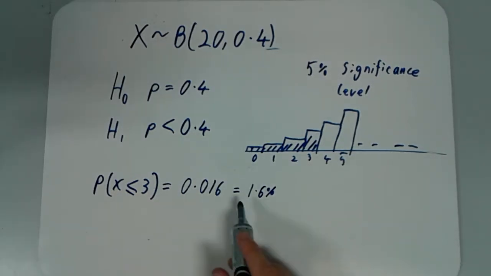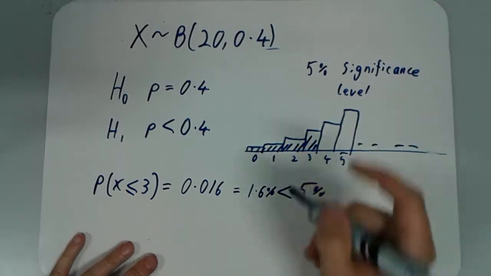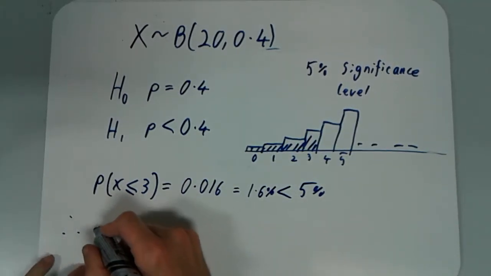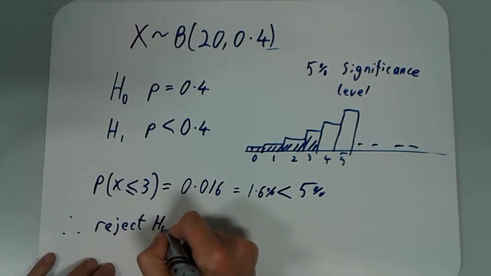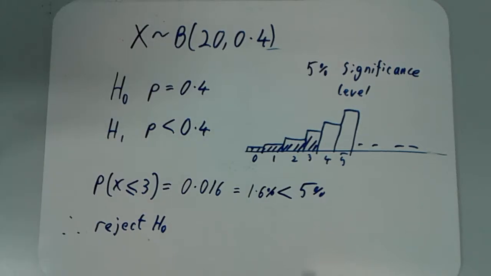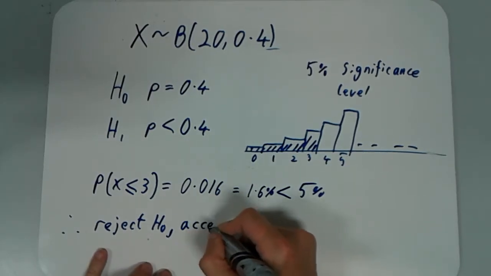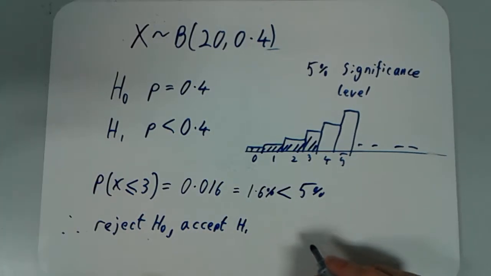So we've seen that it is less than the 5% significance level we were using. Therefore, we reject H0, saying that we do not believe that that is the correct probability, and we accept H1. We accept our counter proposal.